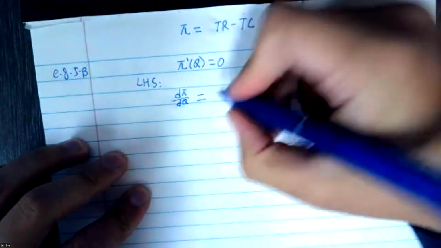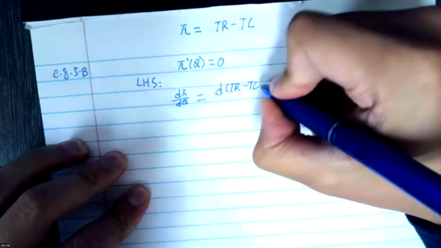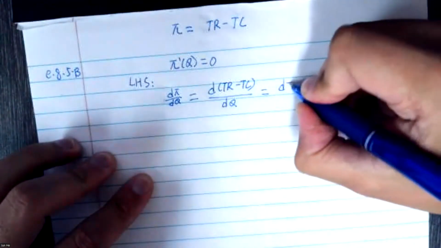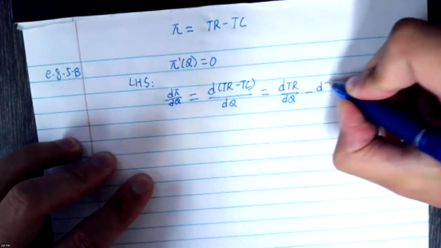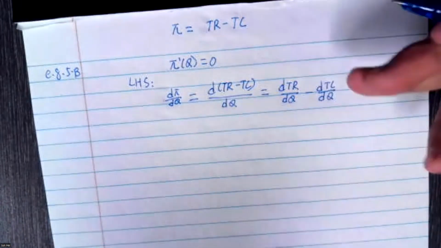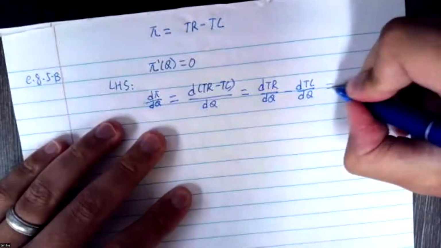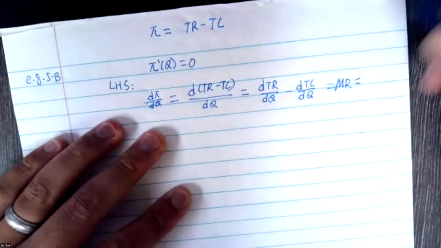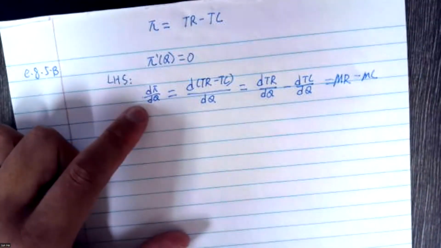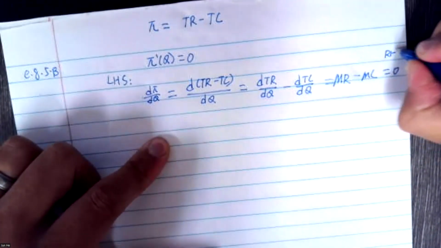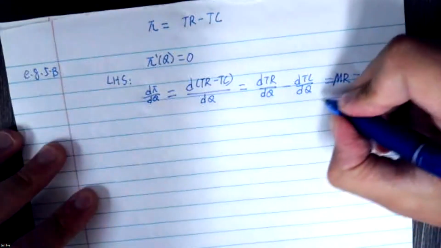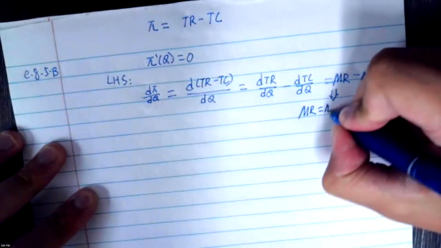And don't forget, your pi is total revenue minus total cost, and then it can be separated into the derivative of each. That's the plus-minus rule, okay? The first term is marginal revenue. The second term is marginal cost. So that's your left-hand side. Don't forget, it equals your right-hand side, which is 0. So it's marginal revenue minus marginal cost equals 0. That is basically marginal revenue equals marginal cost.